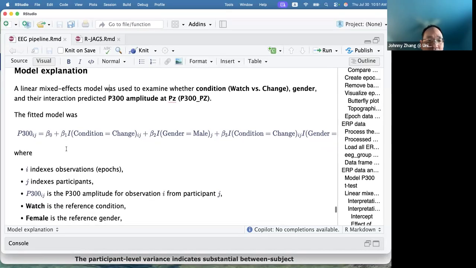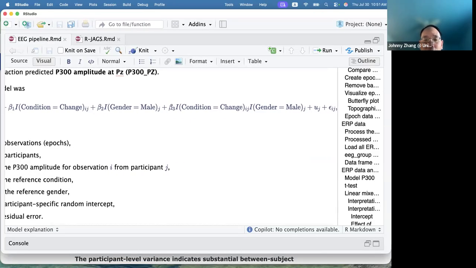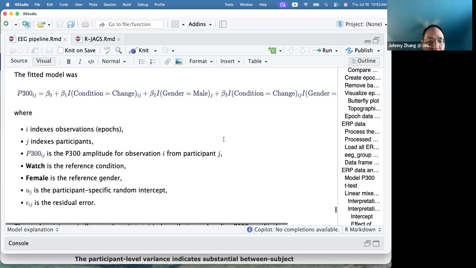Okay. So beta zero is still the overall mean or intercept. Beta 1 is the difference between the two conditions. Beta 2 is the difference between male and female. I also look at the interaction between them to see whether male and female differ for different conditions, as well as an individual intercept.